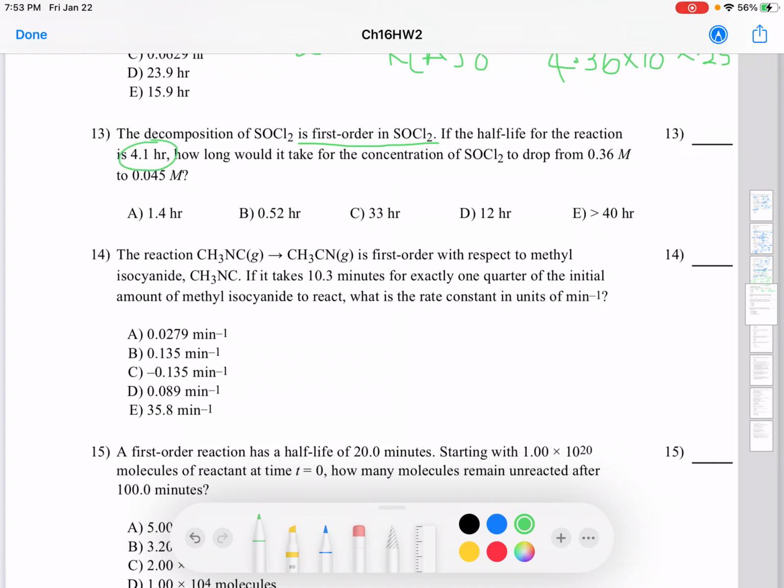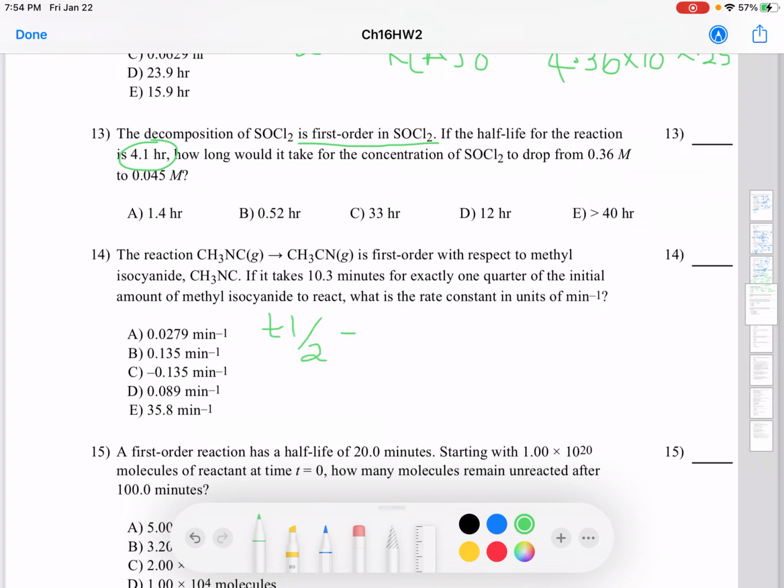We are going to use the integrated rate law, but we are not given the rate constant, we are given the half-life. So we want to find the rate constant first.